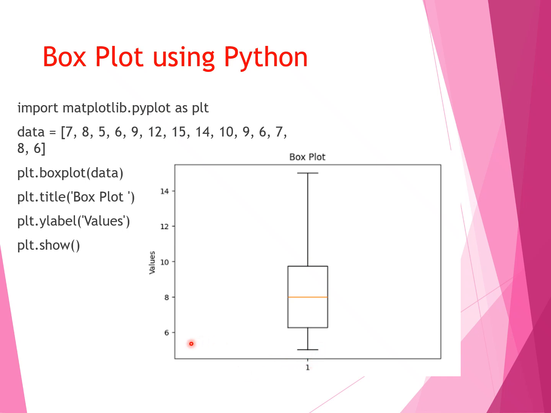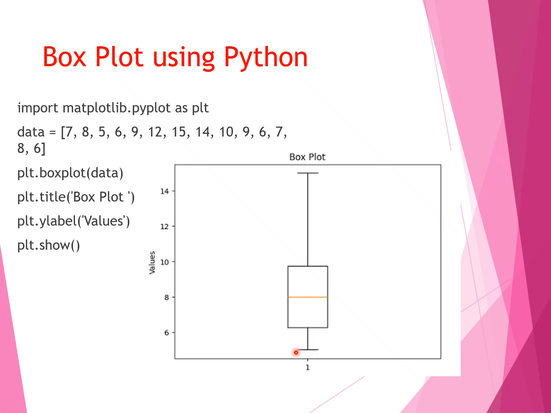As you can see in the diagram, this line is called the lower whisker and this line is called the upper whisker, and this is the box. In the box, this is Q1 and this is Q3, and the middle one is Q2, which is your median value.